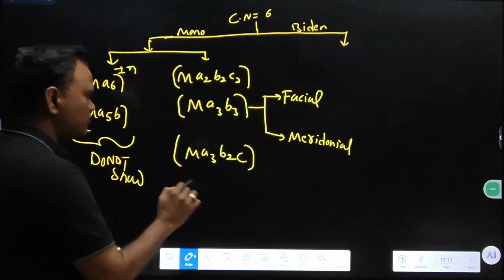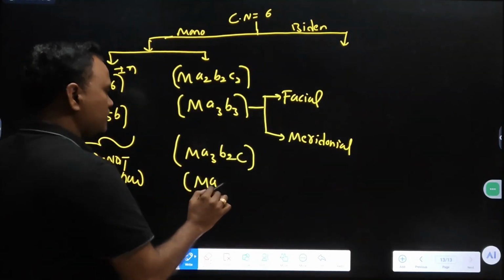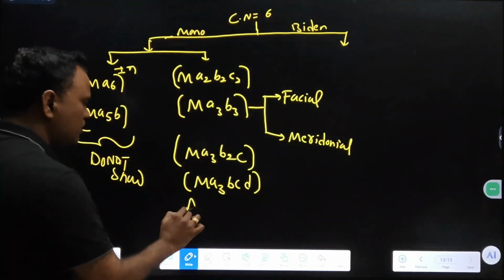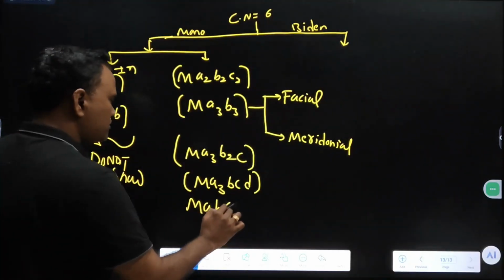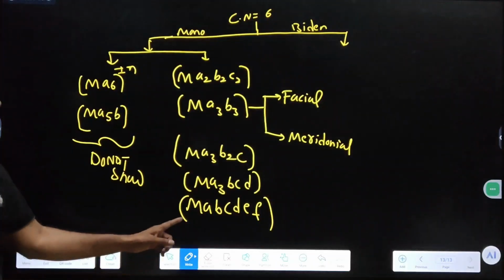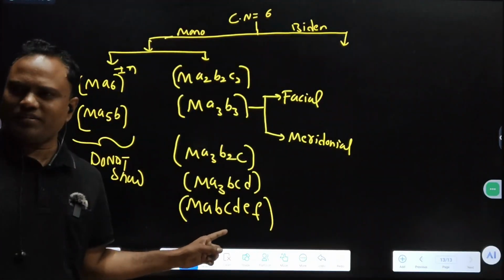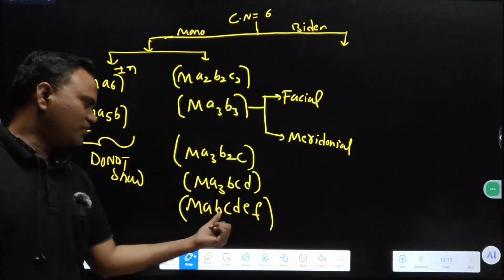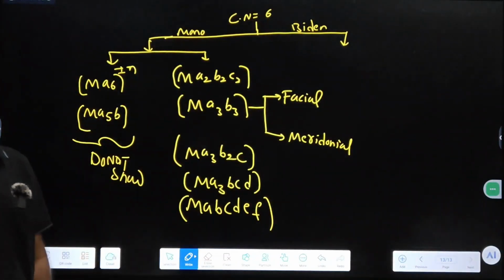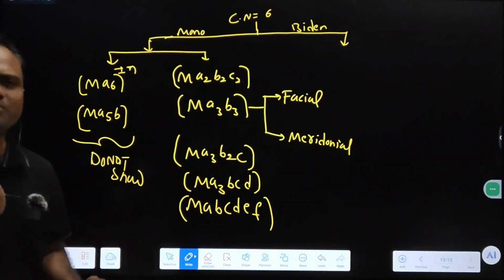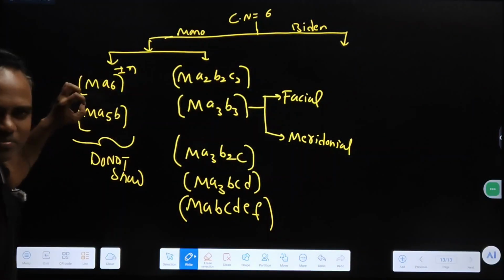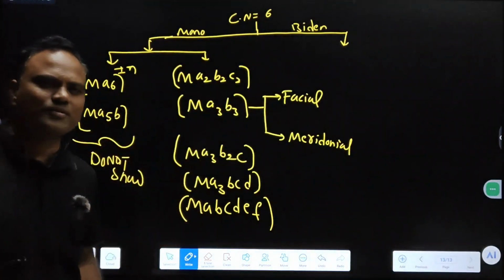MA3B2C will show. MA3BCD will show. MABCDEF with coordination number 6 will show. Okay, one simple logic. If you remember these two, the remaining all show.